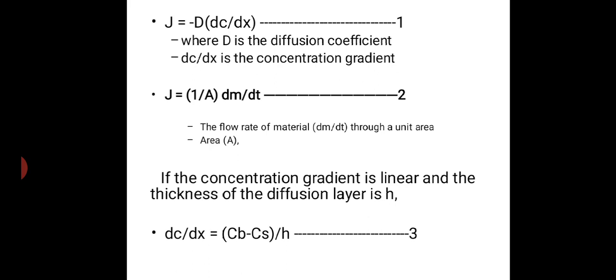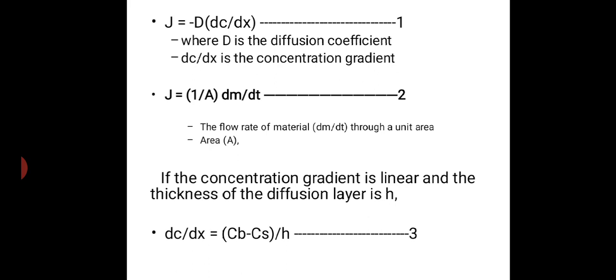So the flux is denoted by the letter J, and J is equal to D into dC by dx, where D is the diffusion coefficient and dC by dx is the concentration gradient.